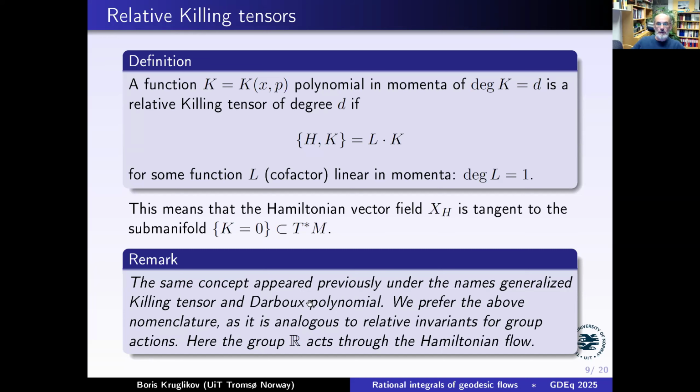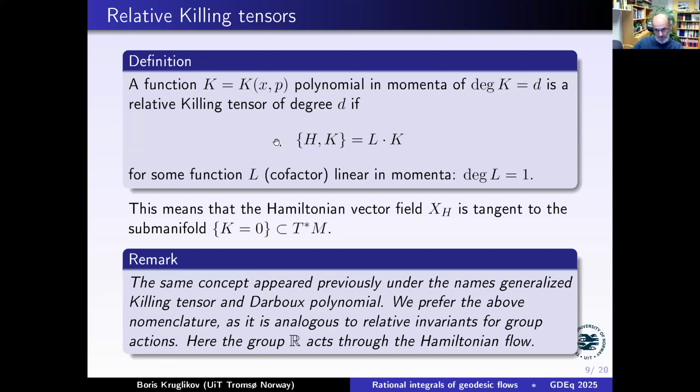Okay, and this concept, which I call relative Killing tensor, actually appeared before. It's not new, but it was called a generalized Killing tensor, or a Killing polynomial. It was called differently by different people in the literature, but sometimes there was a restriction. For example, for the Killing polynomial, some people required that k of (x, p) is polynomial in everything, in x and in p. I prefer the nomenclature above, relative Killing tensor, because it sounds analogous to relative invariance in the theory of group actions.